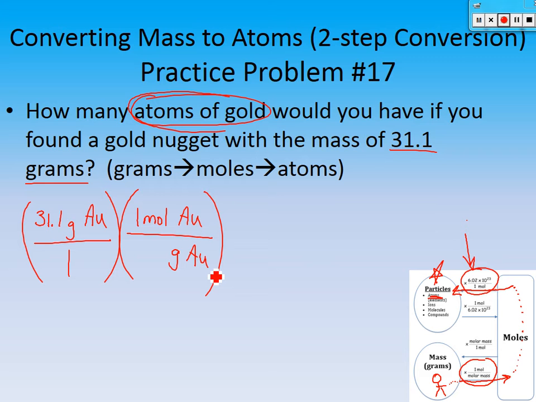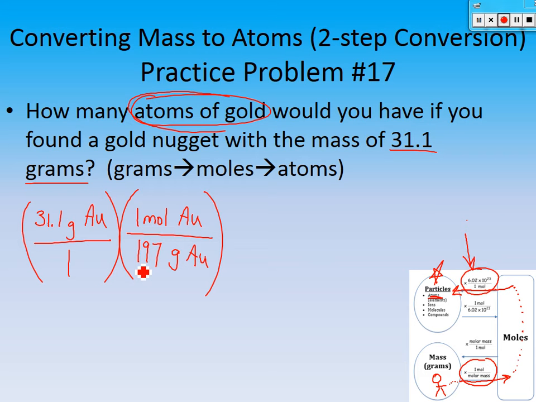Now, what is the molar mass of gold? 197. Yeah, 196.9 rounds up to 197. Good job. So 197 goes in right there. We get that off the periodic table. If you look up the atomic mass of gold, it's going to round to 197.